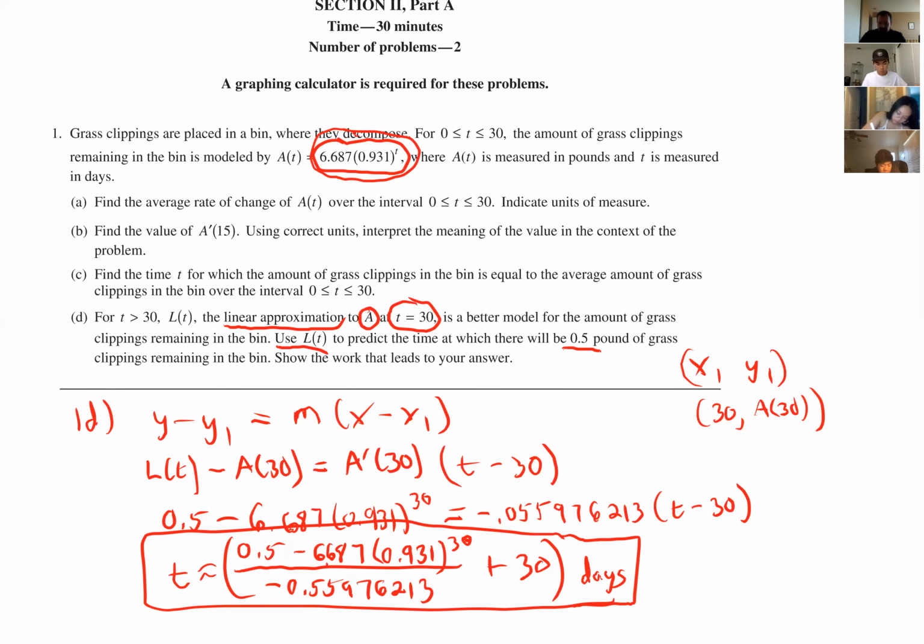So what you're doing with the linearization, so you have a point here. I'm just going to make up a graph. So you might have a point here. Let's say this is 30. So you'd have a tangent line.